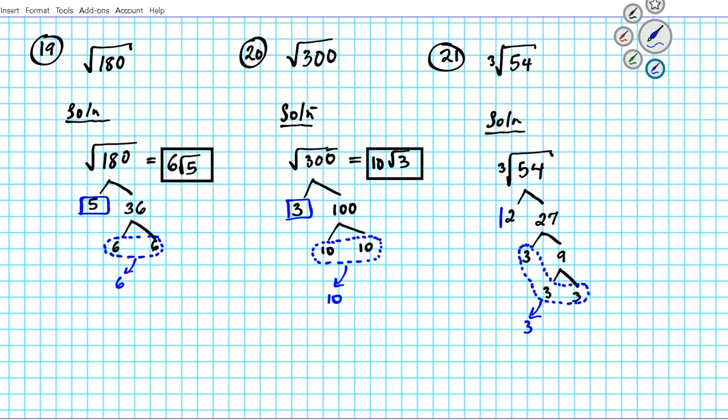This 2 needs 2 more identical factors of 2 to break out. It doesn't have it, so it stays behind. The final answer for 21 is 3 times the cube root of 2. That's a simplified form of the cube root of 54.